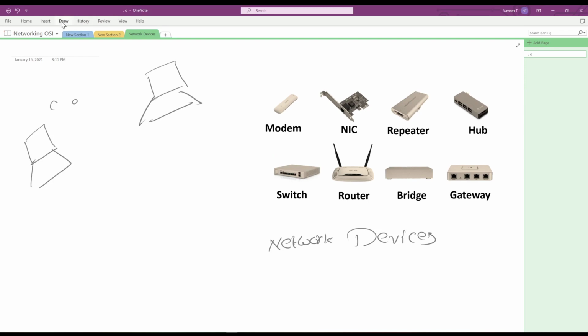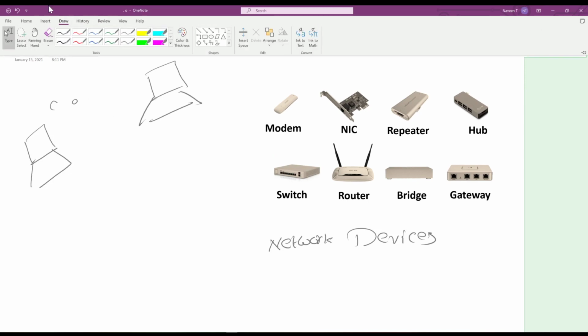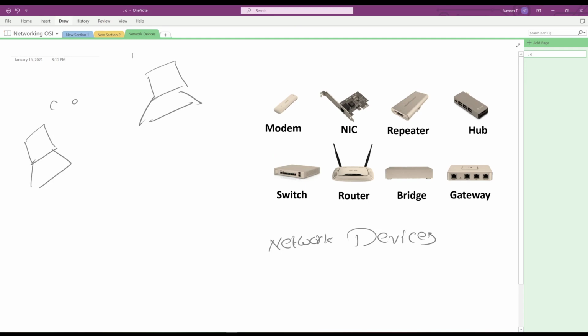So how are these connected? These different systems are connected through what are called network devices.